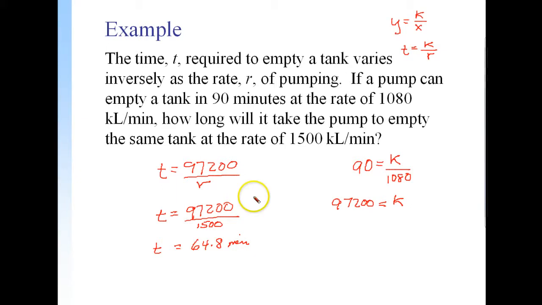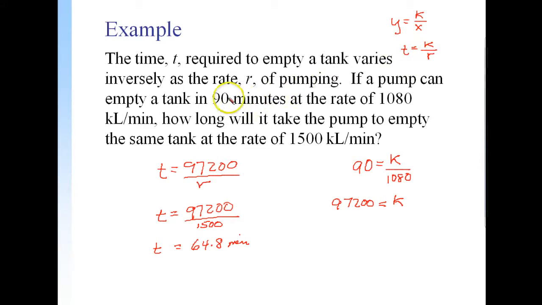And how did we do it? Well, again, it says it was inverse rate, and we said if it's inverse rate, this is the formula for inverse variation. They talked about time and rate. We changed our X and Y here to the proper letters.